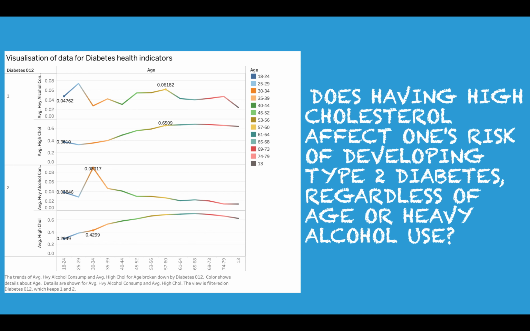Overall, I can say from the above values that there is a relationship between high cholesterol levels and age, as you can see, it is gradually increasing with age. So I can say that there is a relationship between high cholesterol levels and increased risk of developing type 2 diabetes. As I mentioned earlier, further research may be required to establish the causal relationship between these factors, as well as whether the role of age is evident or not.